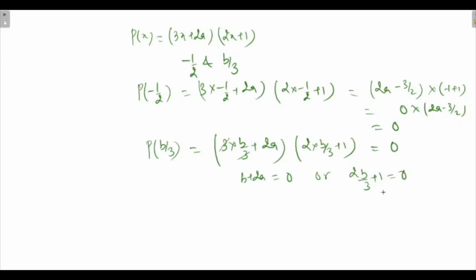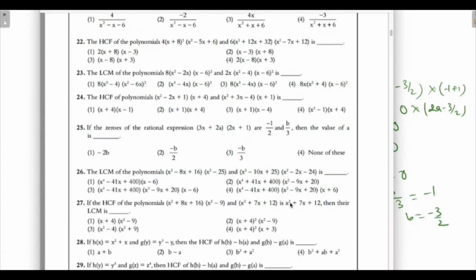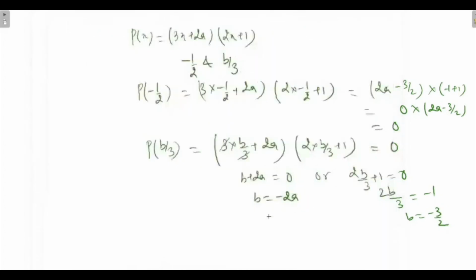Okay, this is what it means, right? So if this is the case, 2b by 3 will be equal to minus 1, so b will be equal to minus 3 by 2. Then one of the values of a is basically going to be minus b by 2, as you can see here.